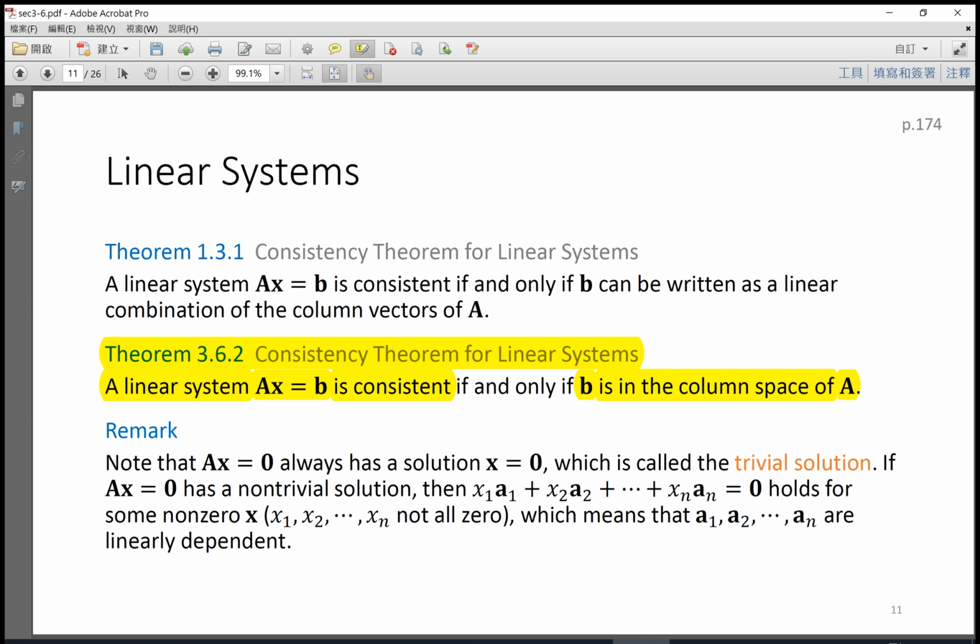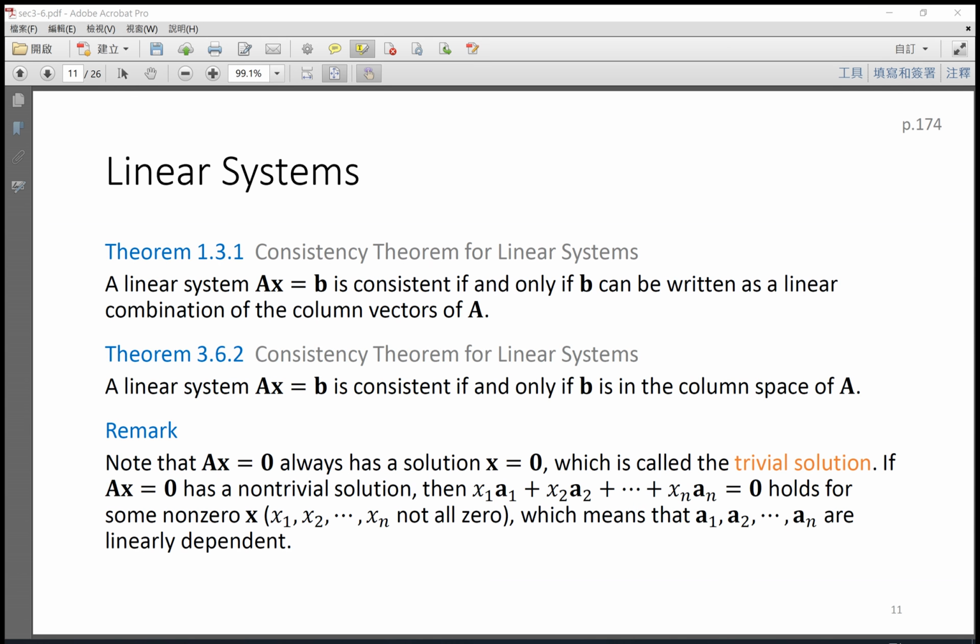In fact, Theorem 3.6.2 is a restatement of Theorem 1.3.1, which is a result you have already learned in Chapter 1.